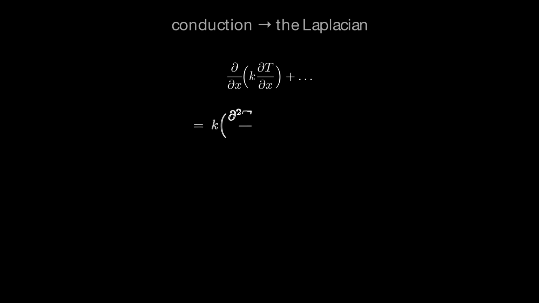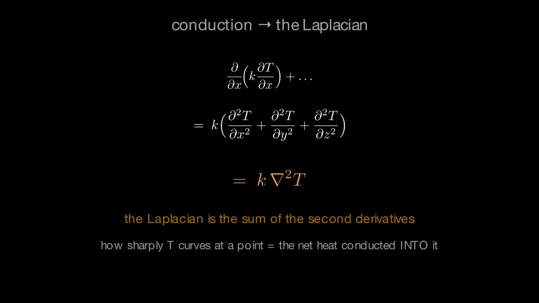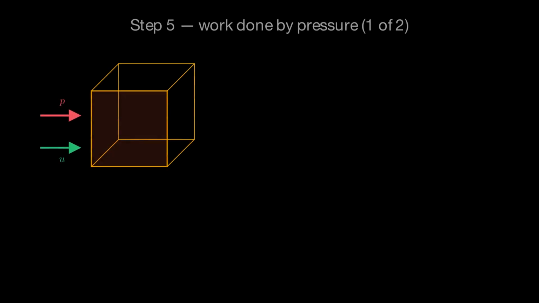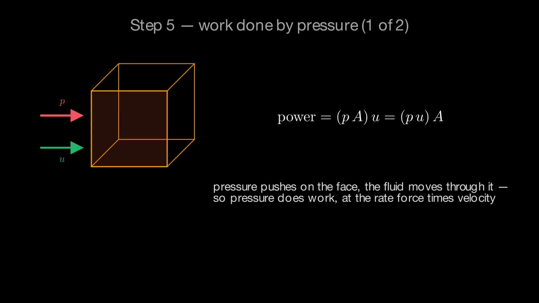Do it on all 3 pairs, and the 3 second derivatives add up to the second compact symbol, the Laplacian of temperature. The Laplacian just means the sum of the curvatures, how sharply the temperature bends, the net heat conducting into the point.